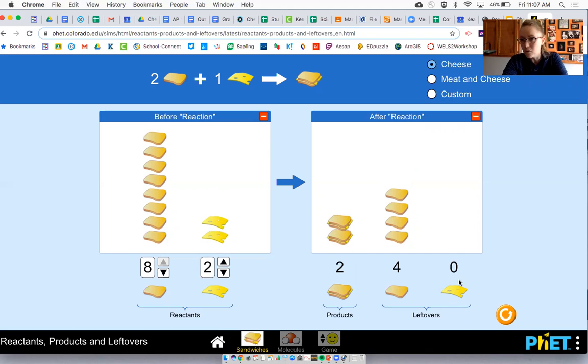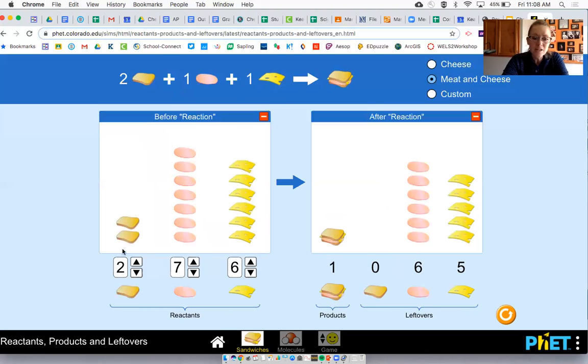There are no leftovers of cheese. The cheese is the limiting reactant. The bread is in excess. There's extra bread left over at this point. So here are my leftovers, what we would call the excess reactants. They're just chilling in your beaker, or in this case, in your loaf of bread bag on your counter, waiting to be used in another reaction.